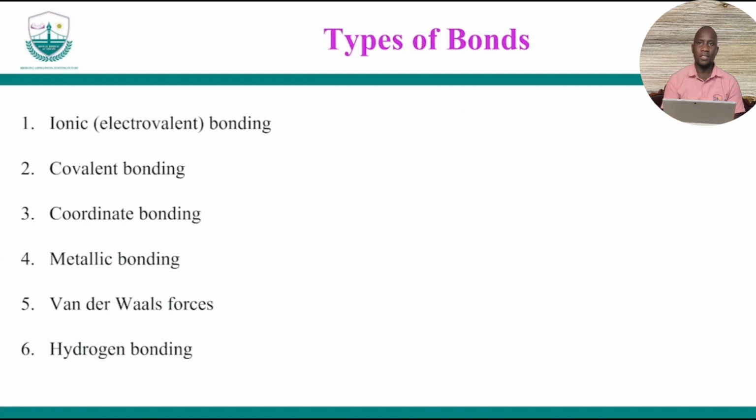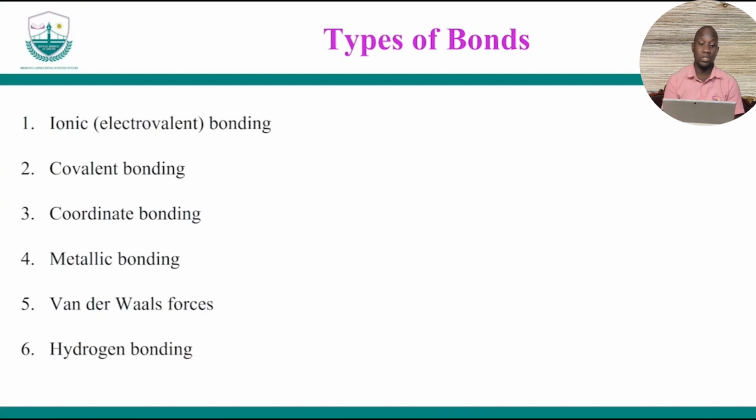So the last thing that we are looking at here are the types of bonds. Like we have said, these different types of bonds illustrate whether electrons have been shared or electrons have been transferred, or electrons have been accepted or electrons have been donated. And basically it's about electrons. How are they behaving in different types of bonds?